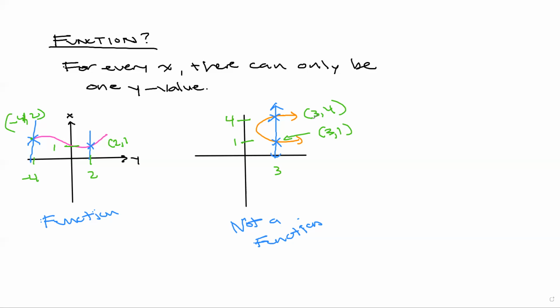Since the value x repeats, this cannot be a function. So if you have this scenario at all, this is not a function. That's what this is saying. For every x, there can only be one y value. But here, there's 2 x's, right? The same x that goes to 2 different y values. Hence, this is not a function.